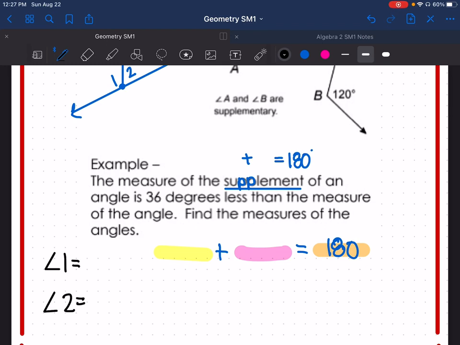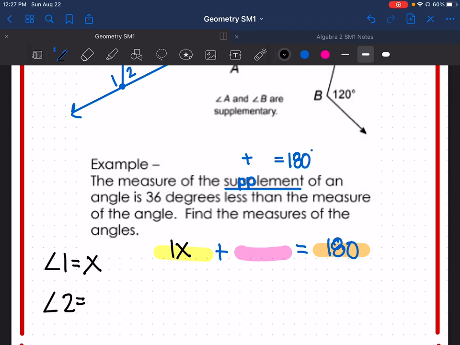I'm always going to call angle 1 in this situation x, because they're going to tell me nothing about one of the angles, but they're going to compare the other angle to it. So I can always call angle 1 x. Remember, there's an invisible 1 with it, so I'm going to go ahead and add that to it.